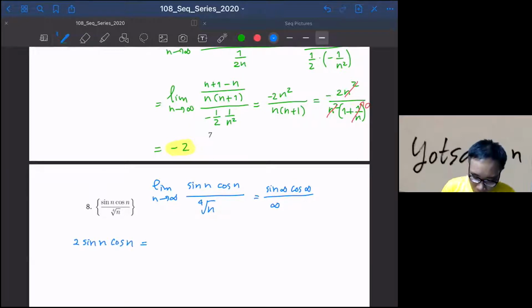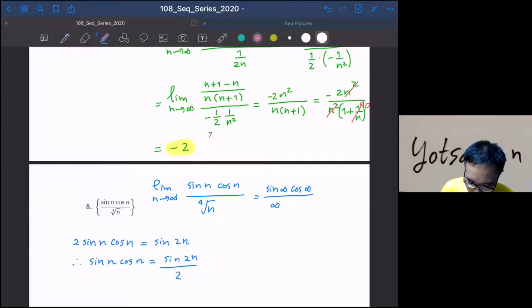This identity is going to turn out to be sine of 2n. So you're going to have sine n cosine n equals sine 2n over 2. Okay, so it becomes sine 2n over 2.